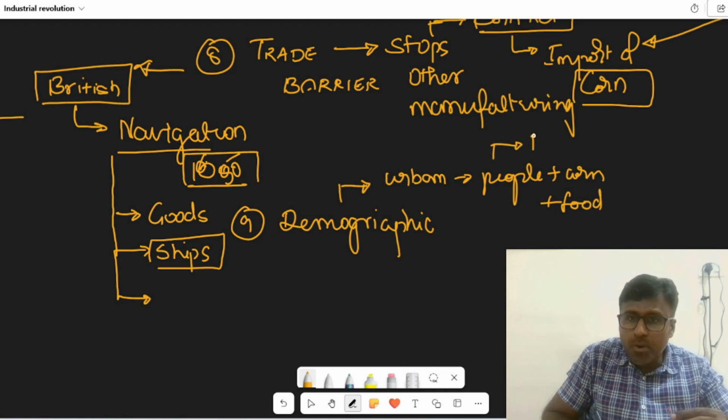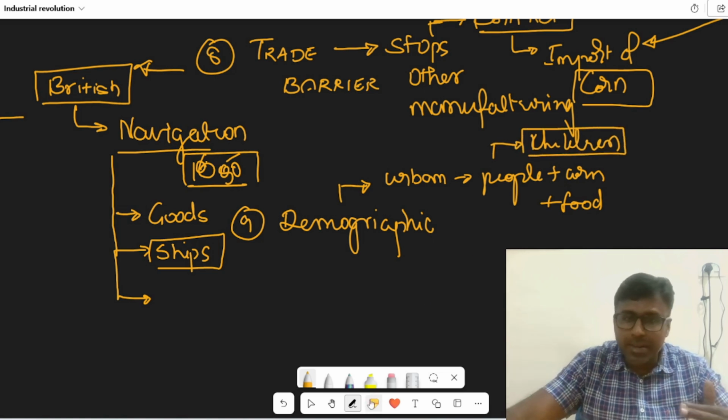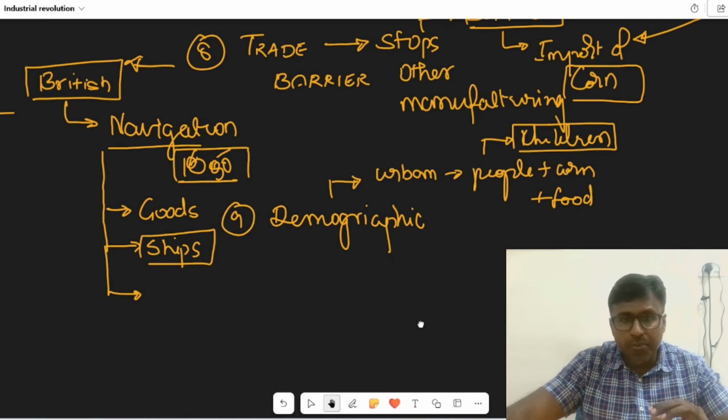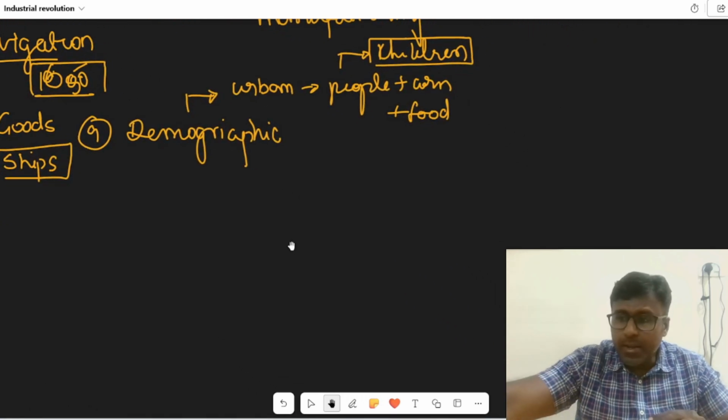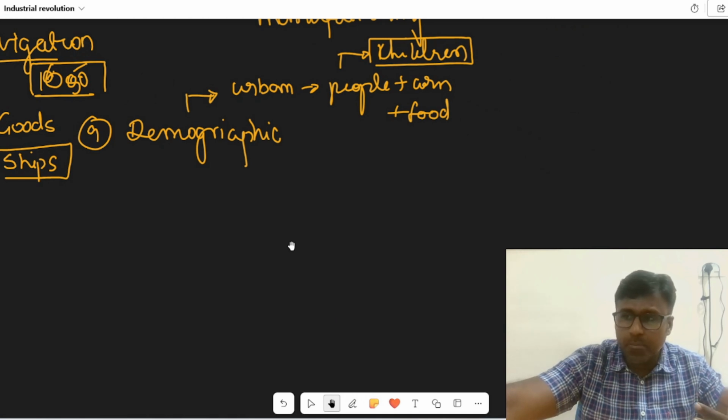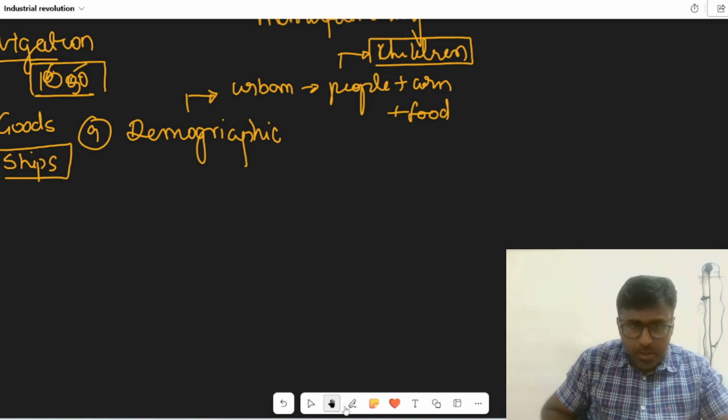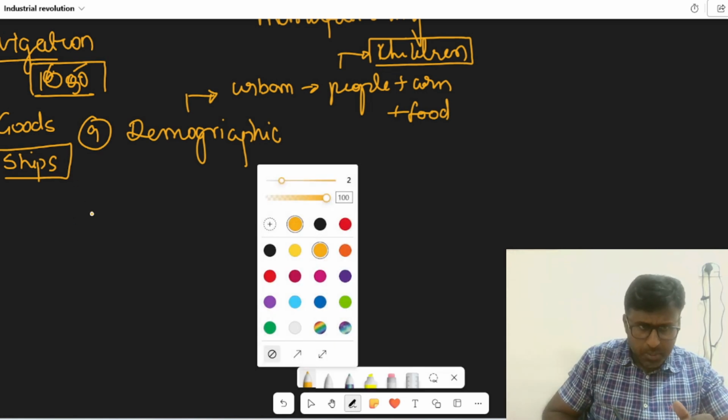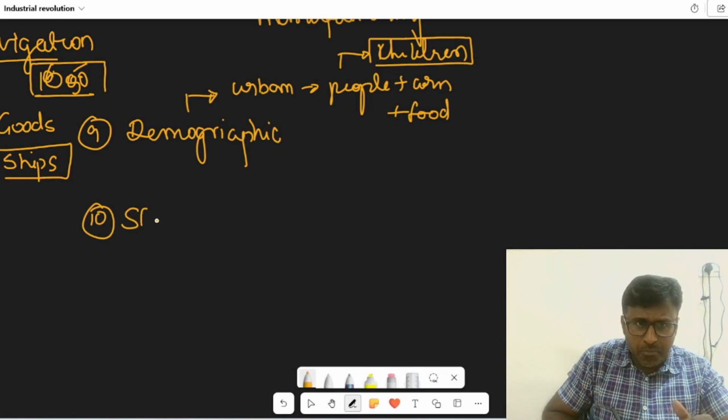Now you have more children. So you had the number increasing. This is the demographic revolution that happened, and hence you had a large number of people coming to this point.